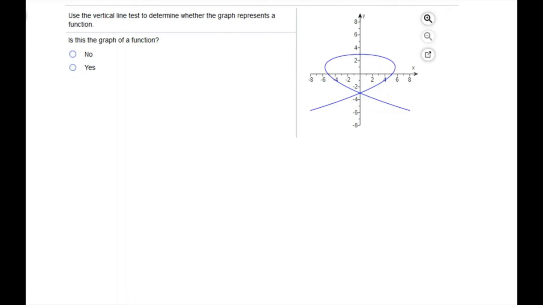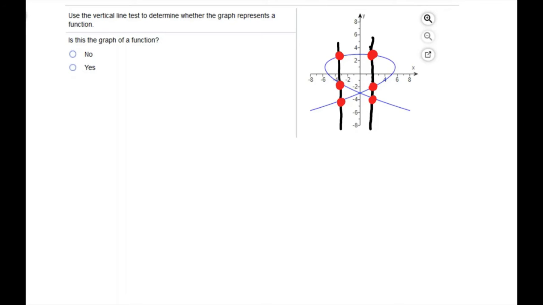So either you're going to physically do this or just in your head, but you want to imagine drawing vertical lines on every part of the graph, and you're going to pay attention to how many times those vertical lines cross the graph. So you notice here that I have a couple places where if I draw a vertical line, it crosses the graph in 3 places.